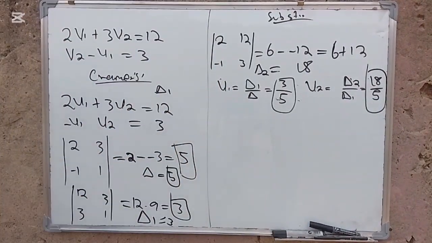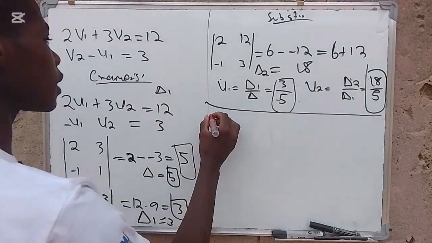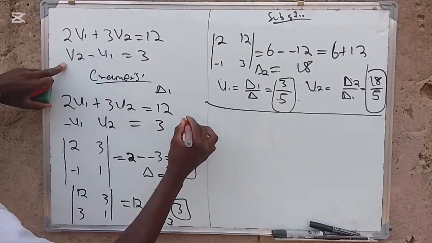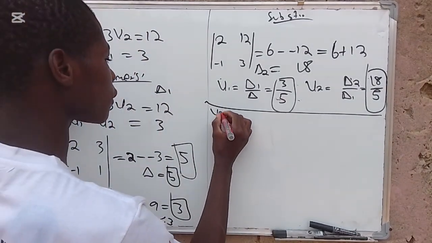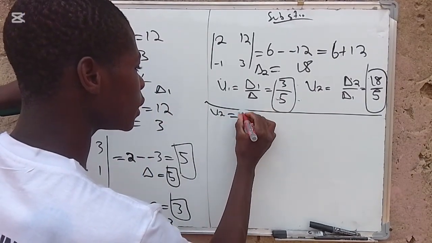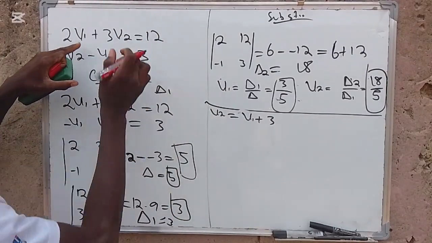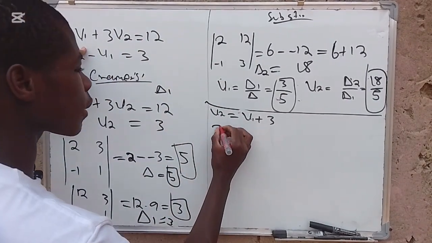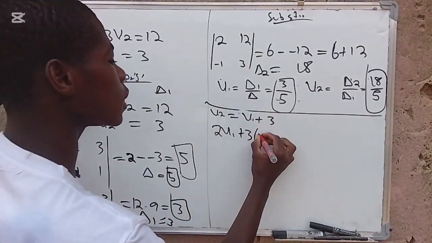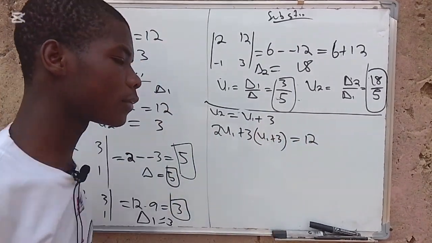But if we are going to use the substitution method, what am I going to say? Let me make v2 the subject of the formula. v2 is equal to v1 plus 3. So I substitute the value of v2 into the first equation: 2v1 plus 3 times v1 plus 3, which is equal to 12.